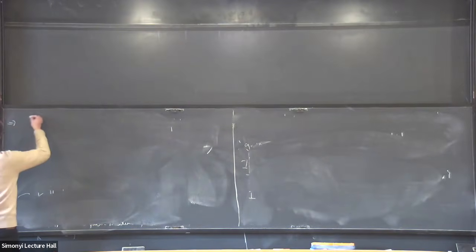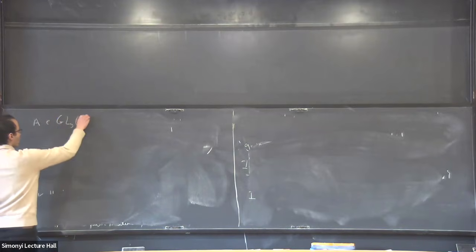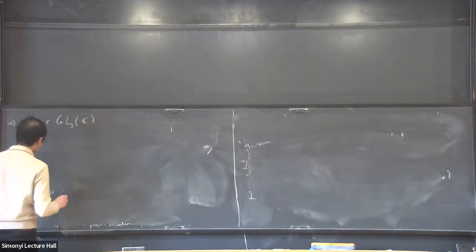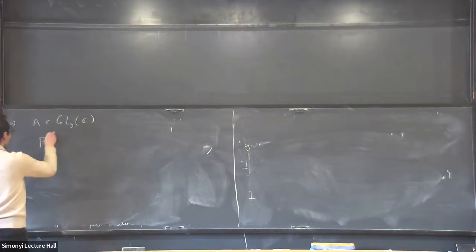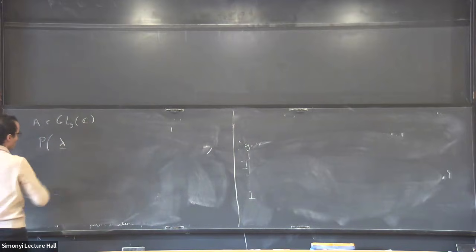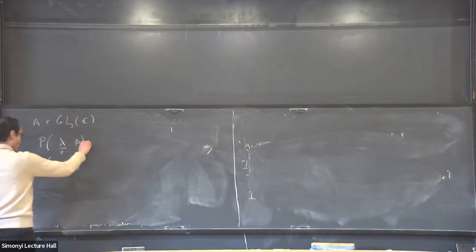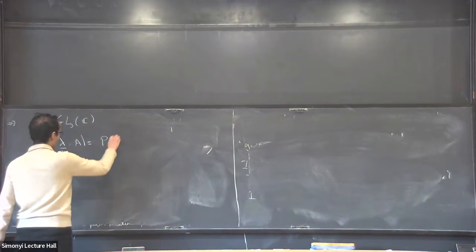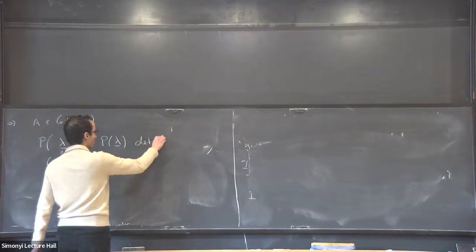If you take any matrix, like a GL_G(C) matrix, and you act on a tuple of G vectors, then you call it lambda bar by A, then this transforms as P of lambda bar times the absolute value of the determinant of A squared.